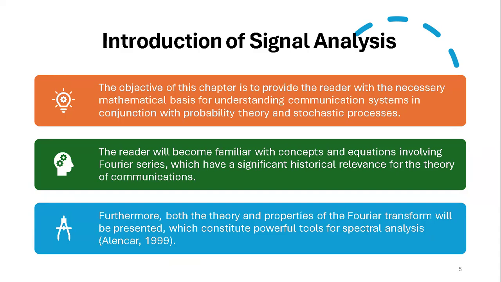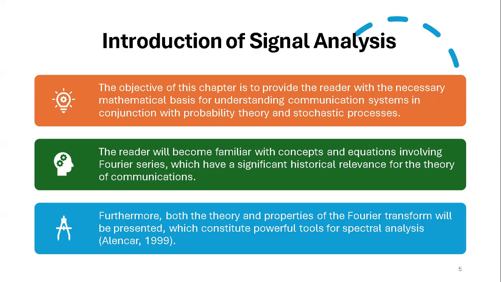The first point is that the objective of this chapter is to provide the student with the necessary mathematical basis for understanding communication systems in conjunction with probability theory and stochastic processes.